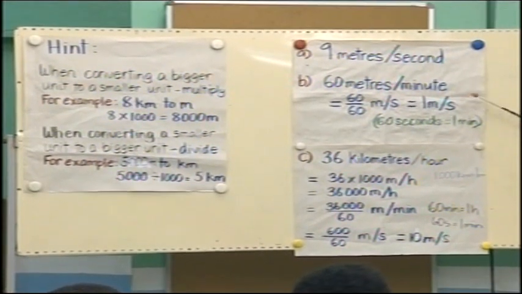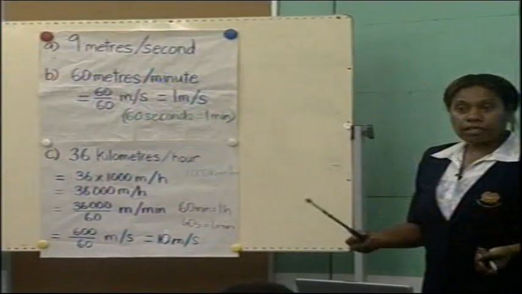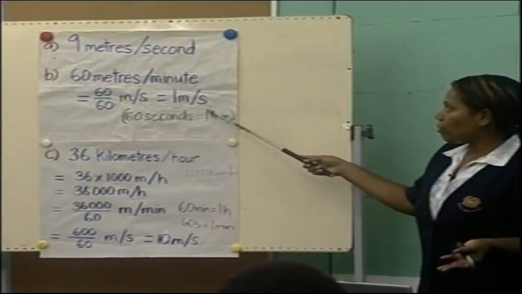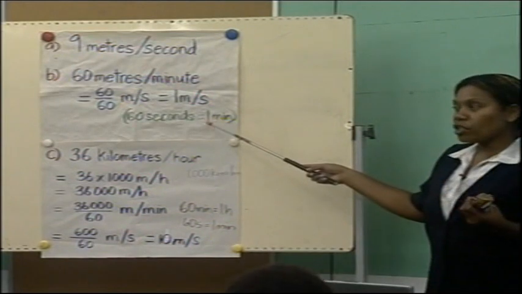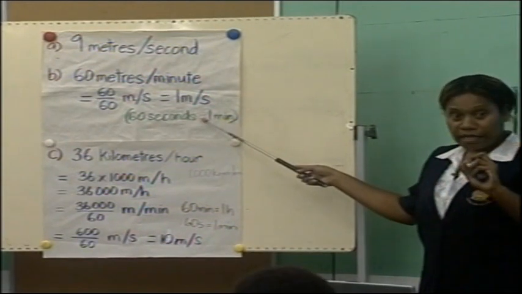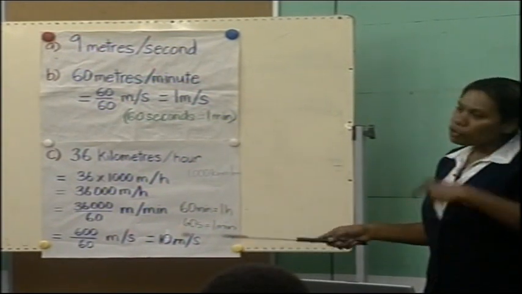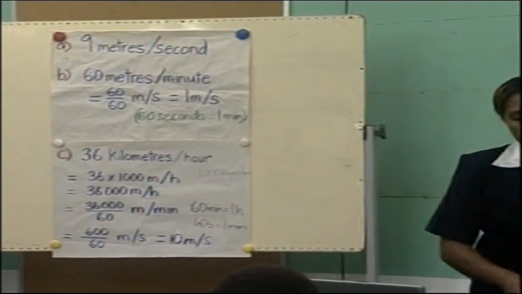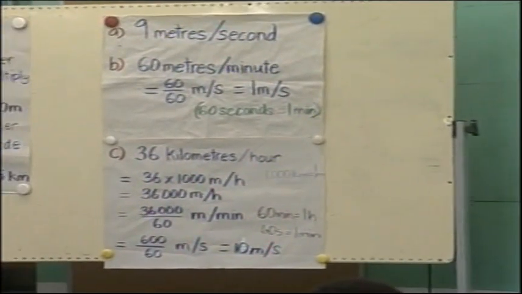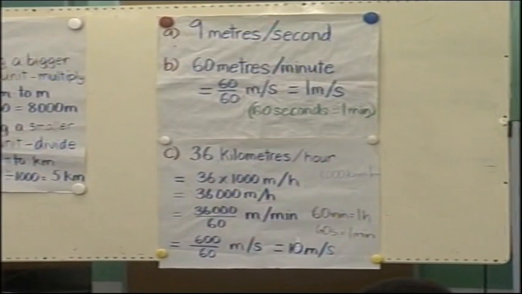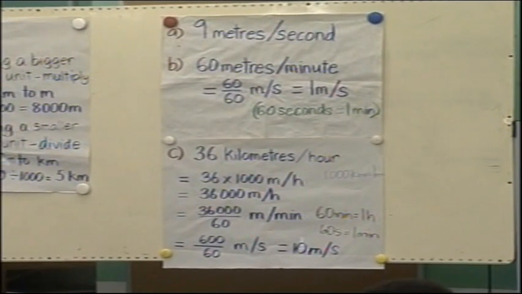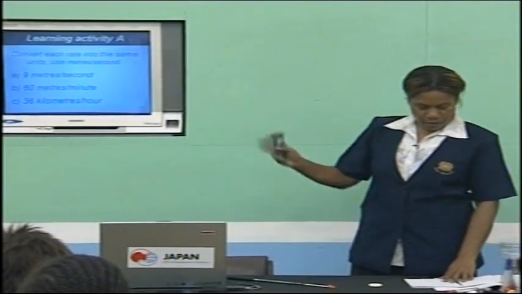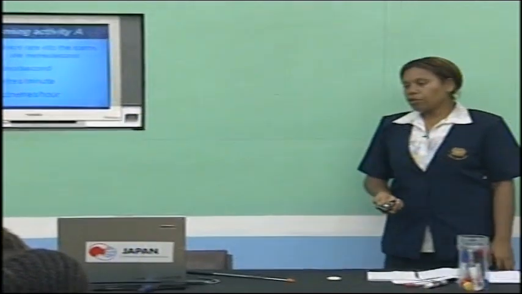So you see, when we are comparing rates, firstly we must change the units, or the rates must be in the same units, and then you can compare. Okay. So that working out, I'll leave it there for you to later, maybe you can copy.